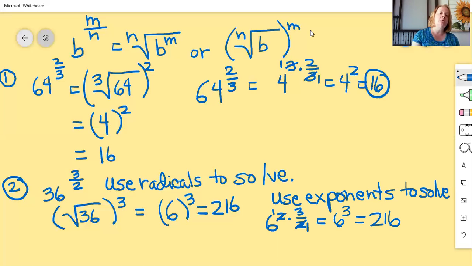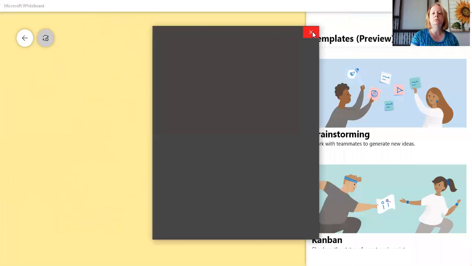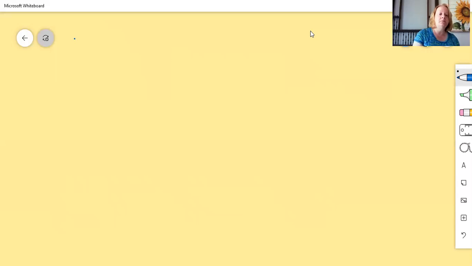Okay, so let's look at 2 more examples, and then we'll be ready to start on your homework assignment. So, all right, my next example, so this is number 4, is going to be 27 to the 2/3 power. So let's say that they don't give us any directions. If they don't give you any directions, you can solve it any way you want.